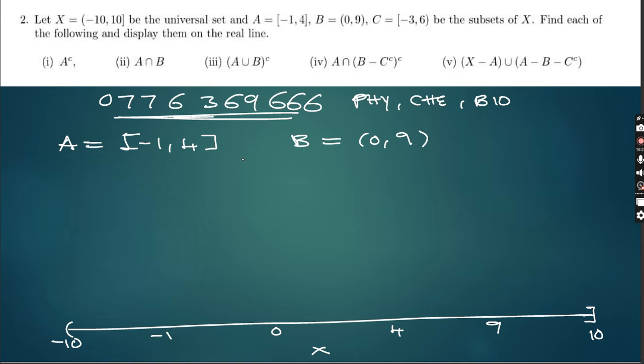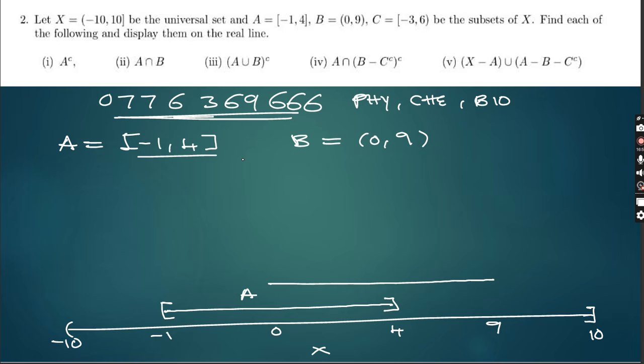Set A, let me just use white, and I'll start from here. Set A will be running from -1 all the way to where our 4 is. We are following the interval there, and both are included. We have set A here. Then set B starting from 0 up to 9, and both are not included there.